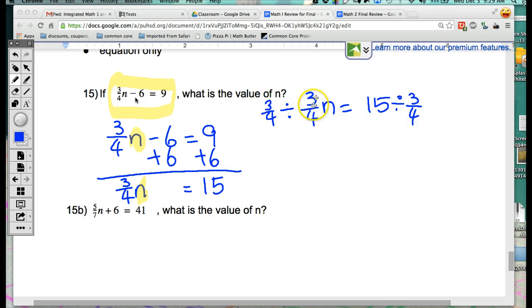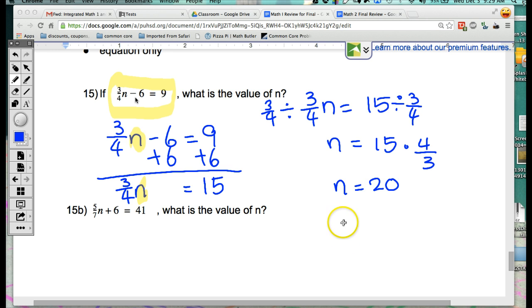And so 3 over 4 divided by 3 over 4 is 1. And so we have n is equal to 15 divided by 3 over 4, which is the same as 15 times 4 over 3. So 15 times 4 is 60, yes. And then 60 divided by 3 is 20. Okay?